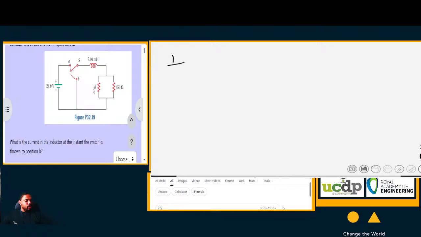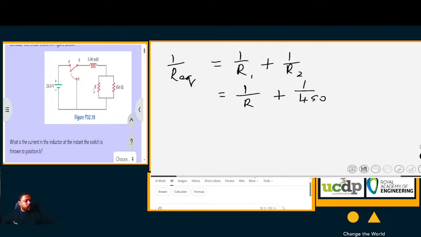We know that the equivalent resistance in parallel is 1 over Req equals 1 over R1 plus 1 over R2. That's why you did this earlier on. One has a resistance of R and one has a resistance of 450, and the total is 0.3 ohm.